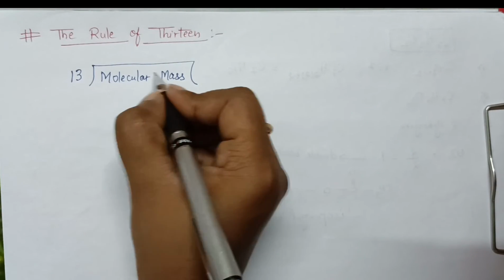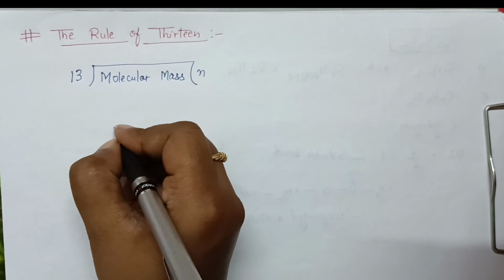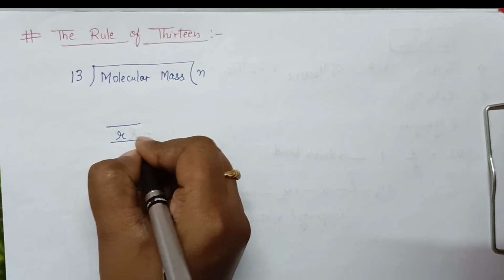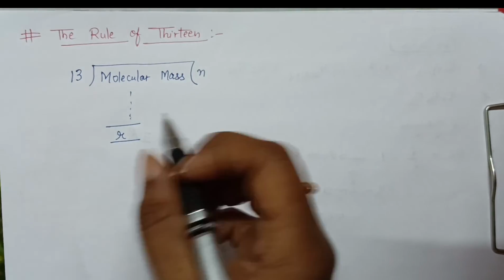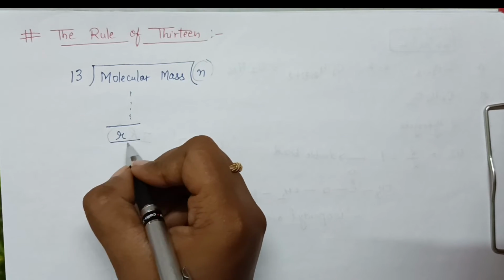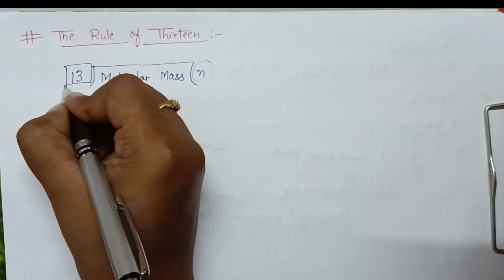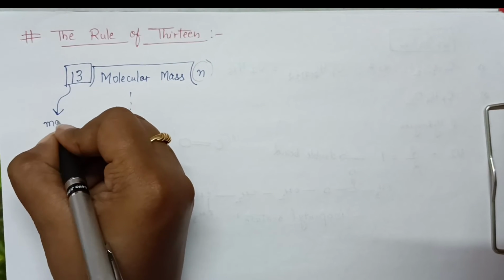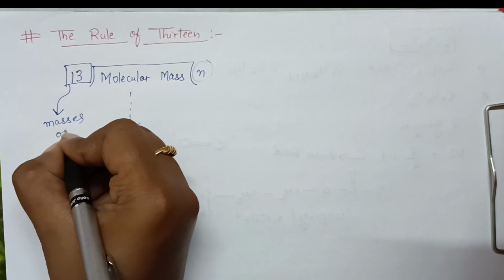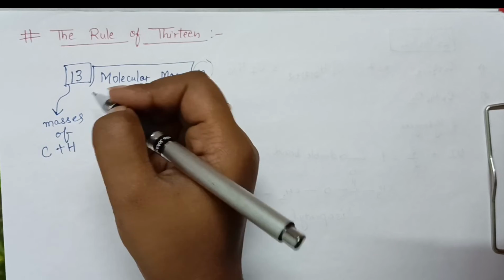So divide your molecular mass by 13, and you will get some value n here, and after division you will get some remainder r here, right? Now why do we take this 13? The reason being, if you add the masses of carbon and hydrogen, that comes to 13.